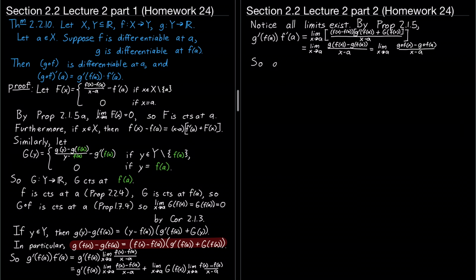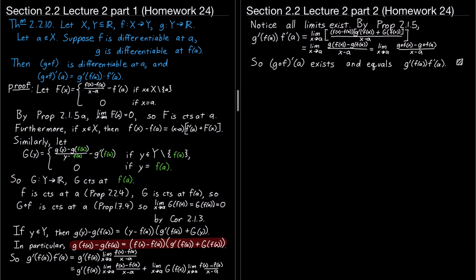So G composed with F prime of A exists, because this is a limit, because all our limits exist, and equals G prime of F of A, F prime of A. And that completes the proof of the chain rule.